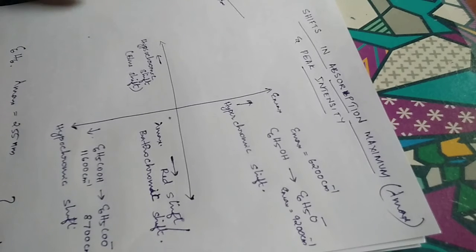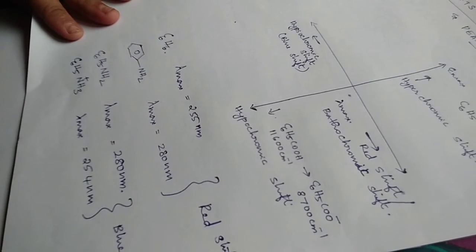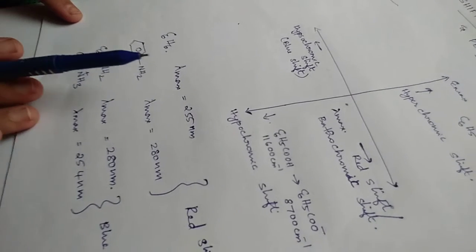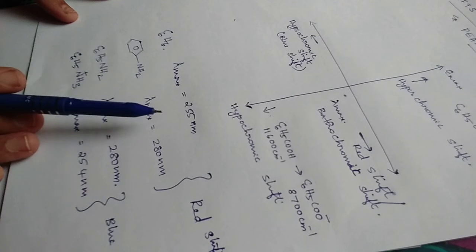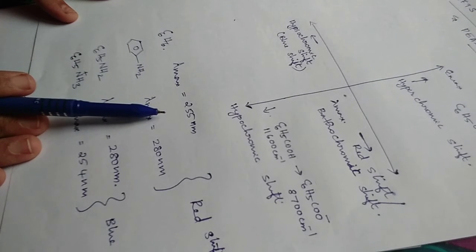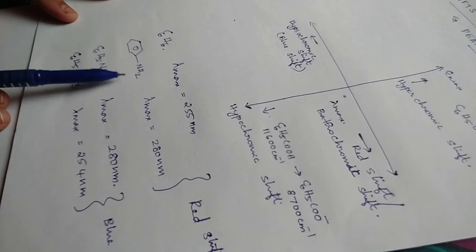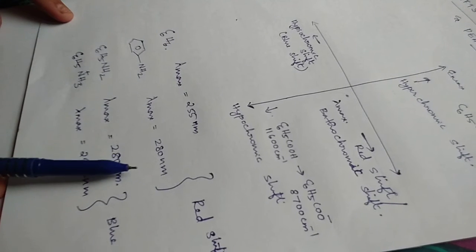Now we'll see a few examples. In the case of benzene, we have C6H6. The lambda max of benzene is found to be 255 nanometers, and that of aniline, C6H5NH2, the lambda max is found to be 280 nanometers.